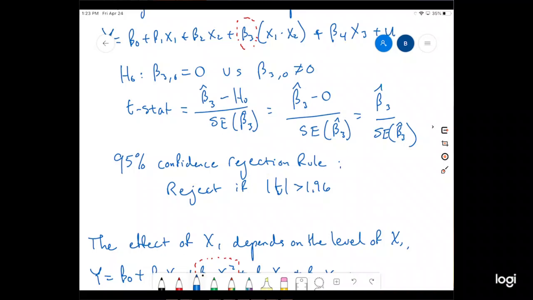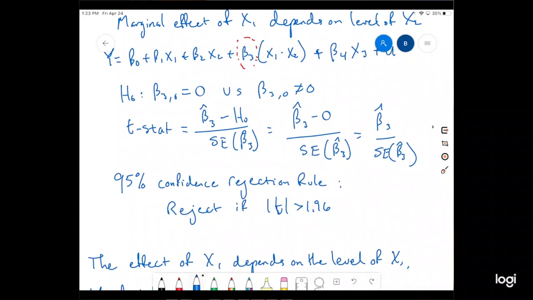So we would reject the null hypothesis if our t-stat was whatever I said it was. And that would mean that we should have this interaction term in the model, the interaction between x1 and x2, because it's important. Beta 3 is statistically significant, suggesting that that interaction is important, and the marginal effect of x1 depends on the level of x2.